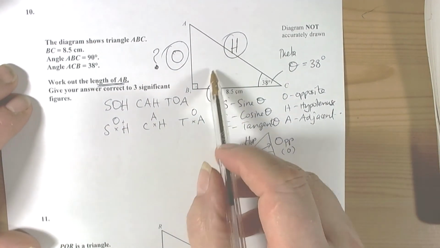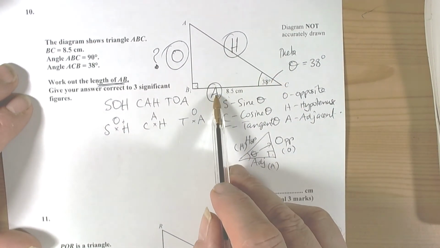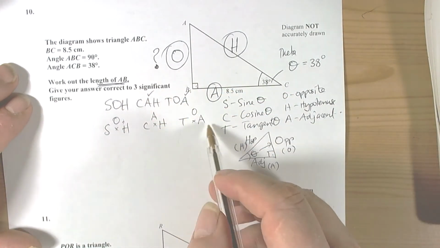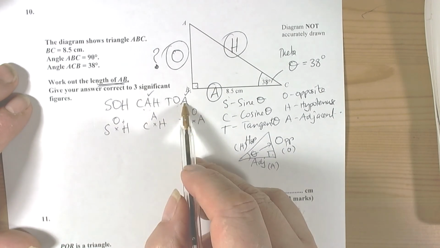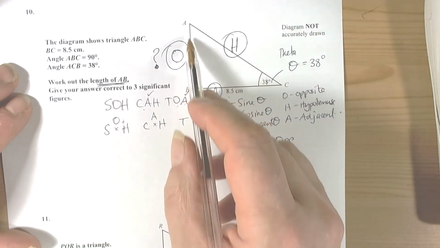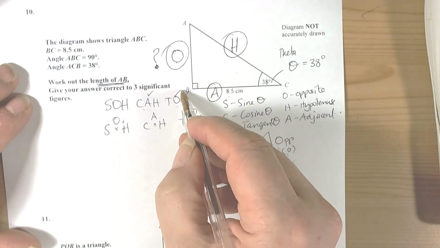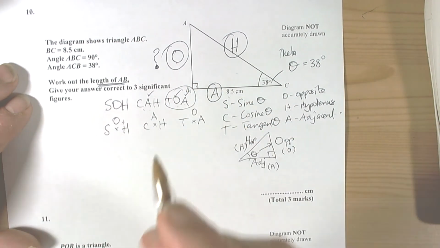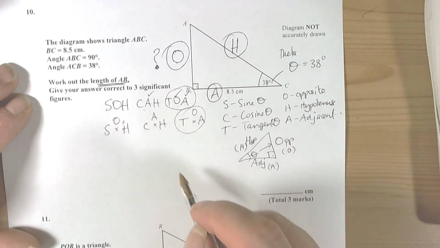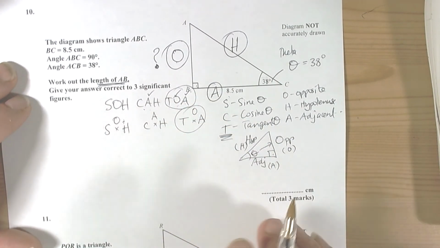So we look at what we know. Well, we know the length of A, so we might be using one of those two ratios. But we need to find the value of O, the length of AB. So the only one that involves those two things, what we know and what we need to know, is TOA. So that means we're going to use the tangent ratio.